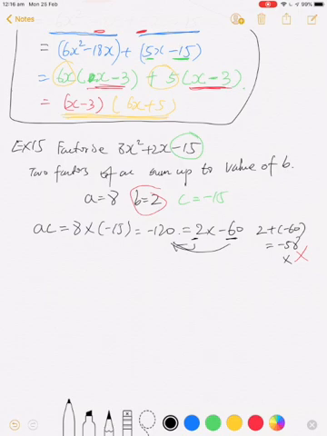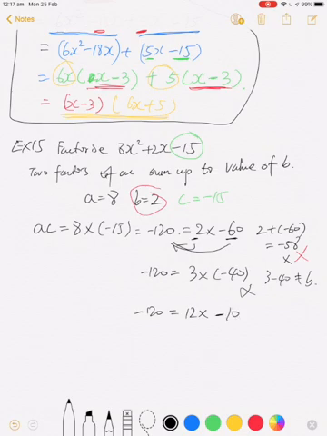Then we try one more, maybe 3 times negative 40. Apparently when we add them together, it still doesn't equal b. So it doesn't work, and you need to do trial and error. Eventually you will find that negative 120 can have two factors, 12 times negative 10.